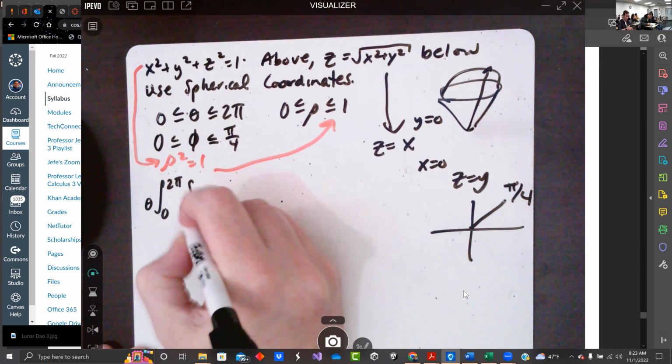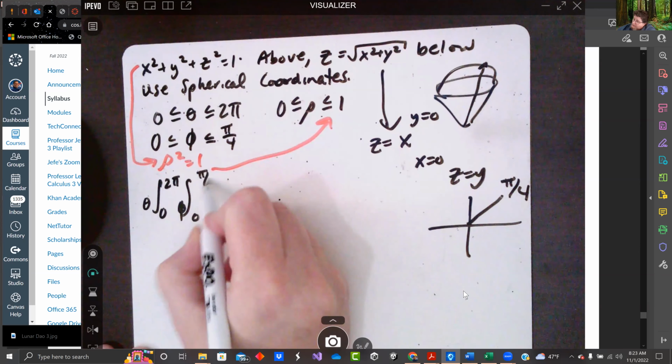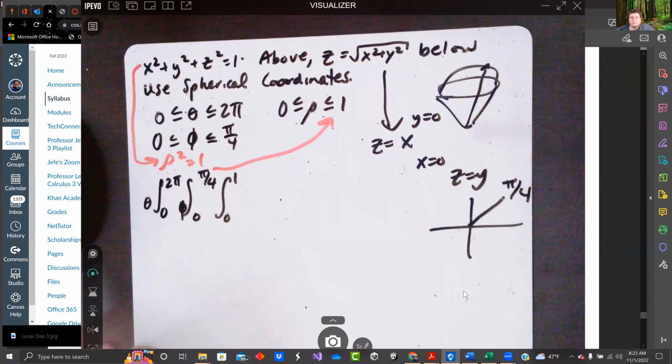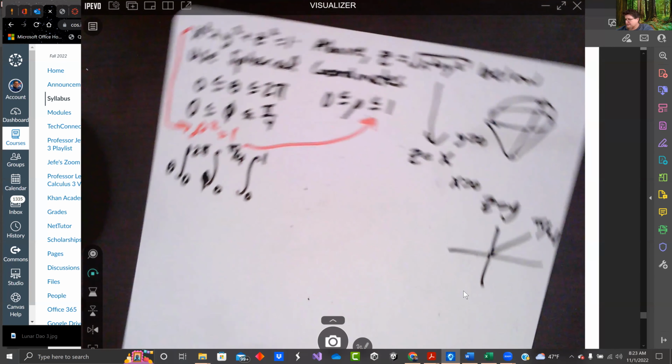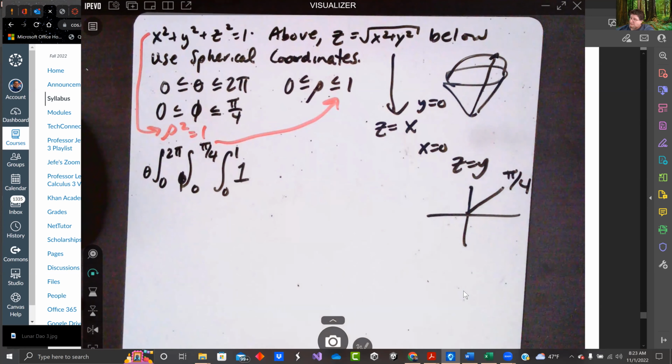And then we've got phi going from 0 to pi over 4, and we've got rho going from 0 to 1. We still got the function, we're doing volume, so the function is 1.